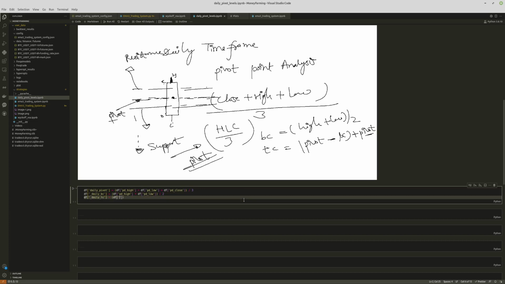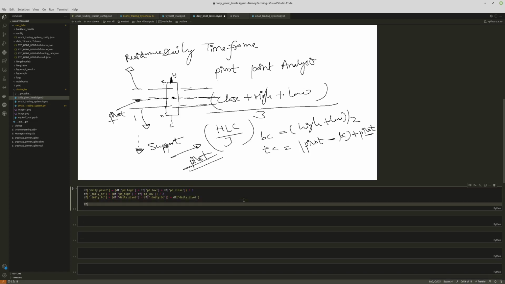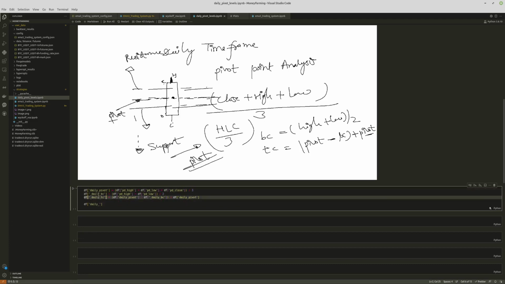And daily TC is going to be df daily pivot minus daily BC plus daily pivot. So now here what we see is that there are some inconsistencies between BC and TC. How I differentiate between them is BC is for bottom pivot and TC is for top pivot.